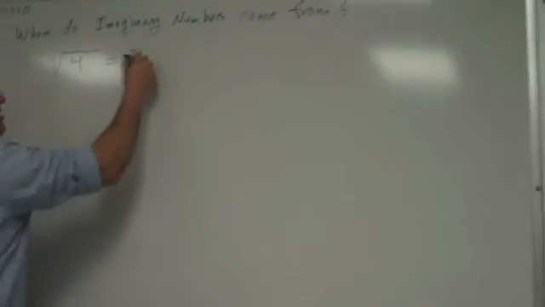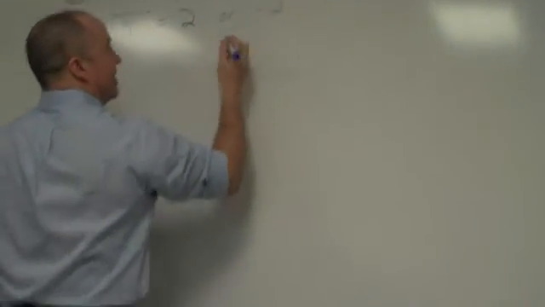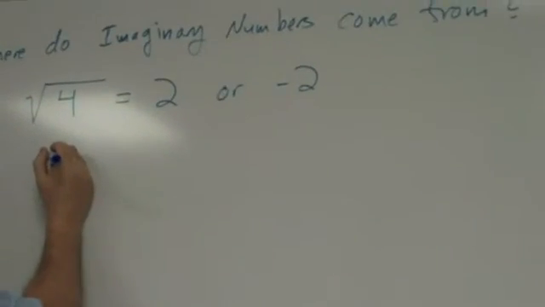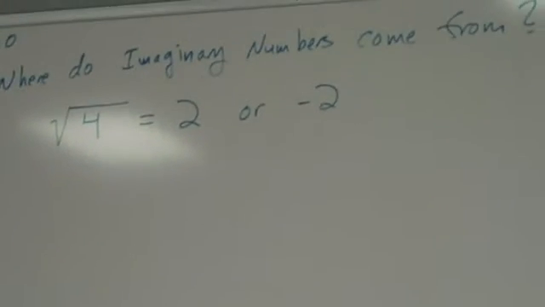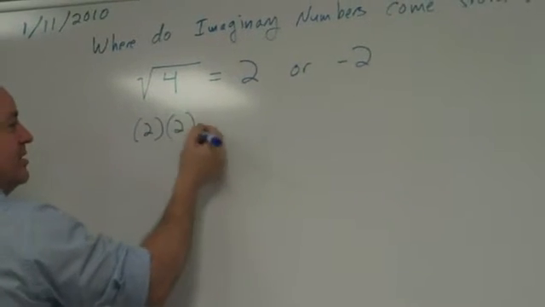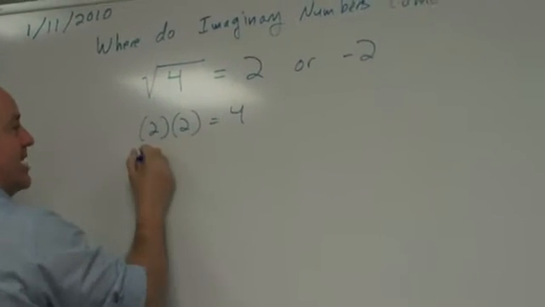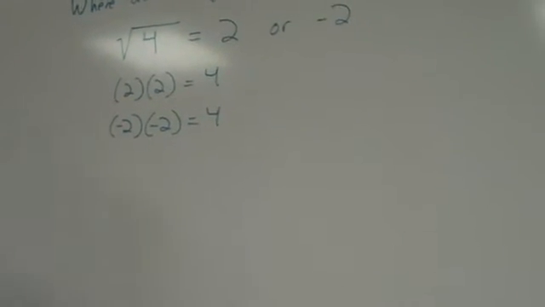What is the other possibility? Negative 2. Could you just do plus or minus? You can just do plus or minus, yes. Now, the reason why this works is because you can multiply 2 by 2 and get 4. Or you can multiply negative 2 times negative 2 and also get positive 4.